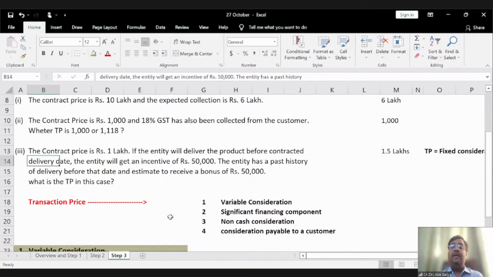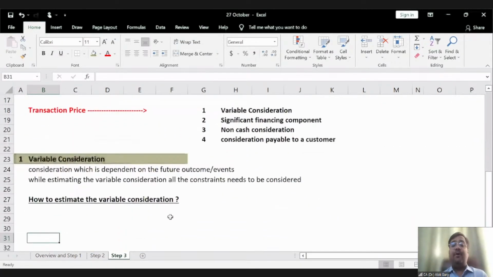Sir, what happens if Big Bazaar will not be able to order 50,000 quantity or 1 lakh quantity to the PepsiCo, and PepsiCo has already estimated this variable consideration in their first sale itself, right? So friends, that is why it is important to estimate the variable consideration, right? Because this consideration is depending on the future outcome or future events, right?